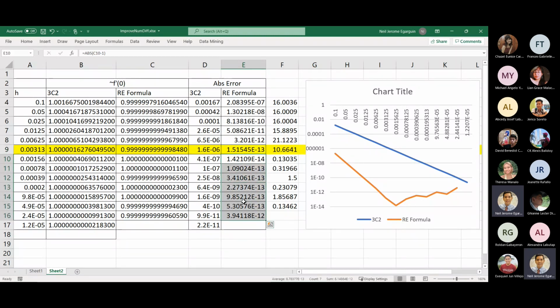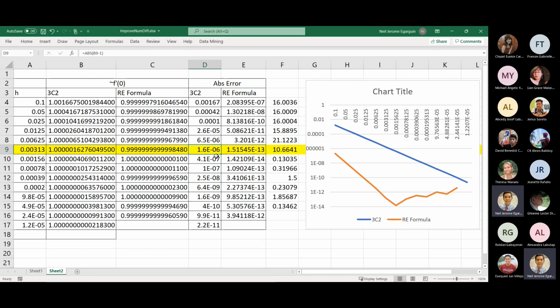So dahil hindi na masyadong nagkakaroon ng improvement dun sa estimate, I can say na, okay, I will settle with this estimate for f prime of 0 because the Richardson approximation has an absolute error of 1.52 times 10 to the minus 13 na. Compared to the approximation using the 3-point centered formula of order 2, ang absolute error lang ay 1.6 times 10 to the minus 6.